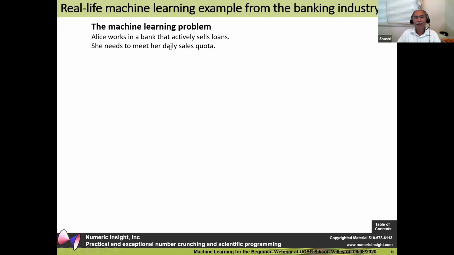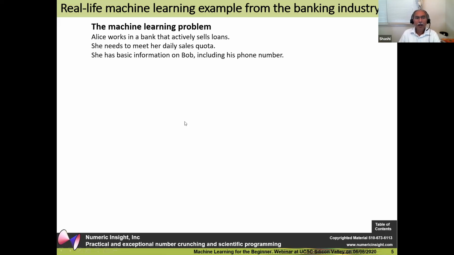It's not a very pleasant situation to be in, but that's how it is. She has basic information on Bob, including his phone number. Now, Bob is a customer of the bank. I think now you're understanding that Alice is the type of person who calls you just when you're about to sit and have dinner.